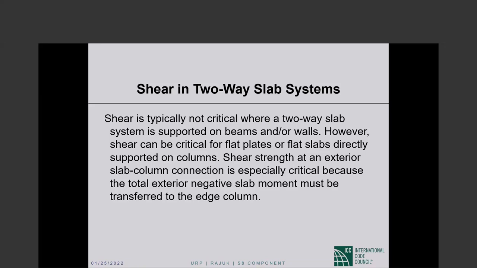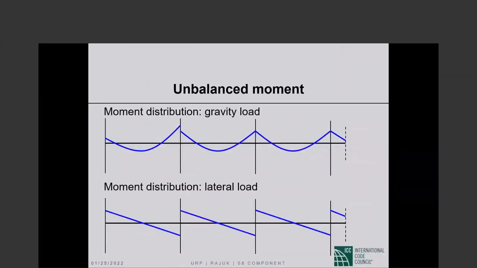Part of that moment transfer is by flexure, but the remainder of the moment transfer is by shear. This punching shear due to moment transfer adds to punching shear caused by gravity, and that's where we have a potentially serious problem. This is something I went over, I believe, yesterday. I think it is important enough that I would like to repeat it briefly.